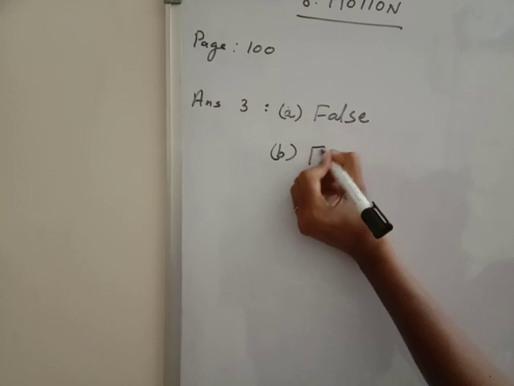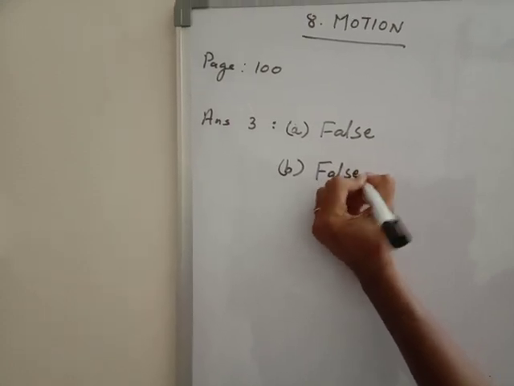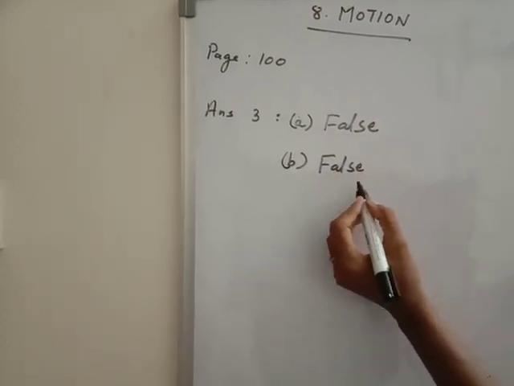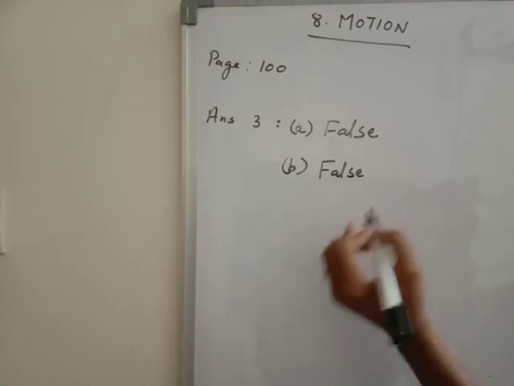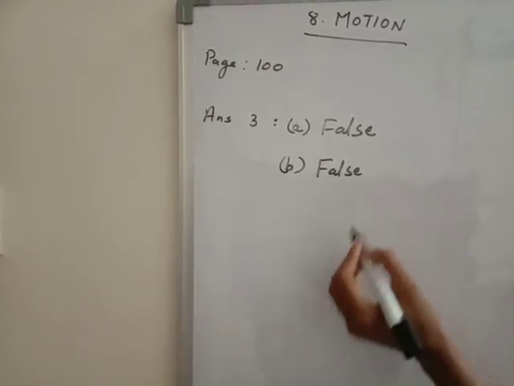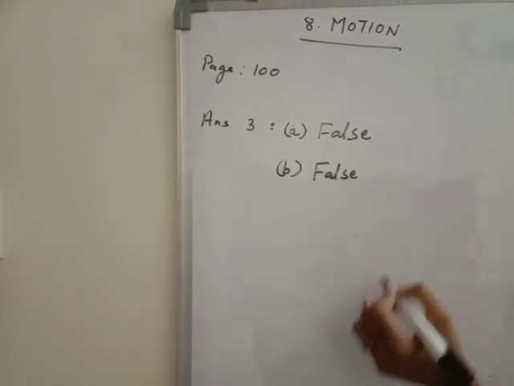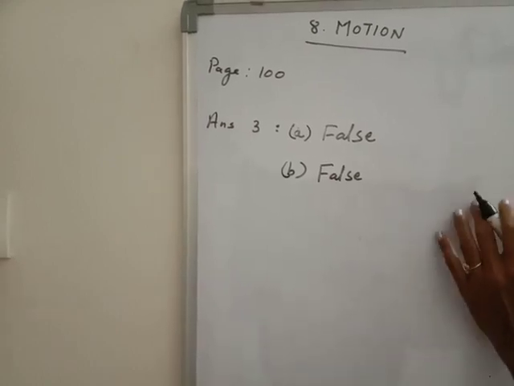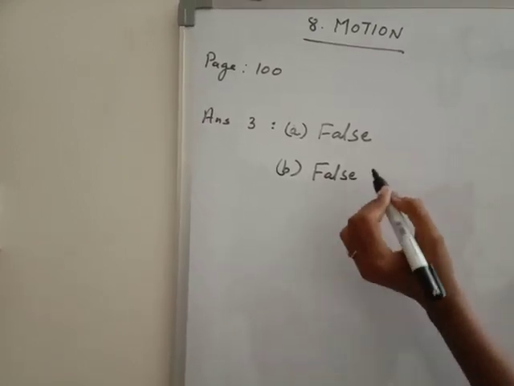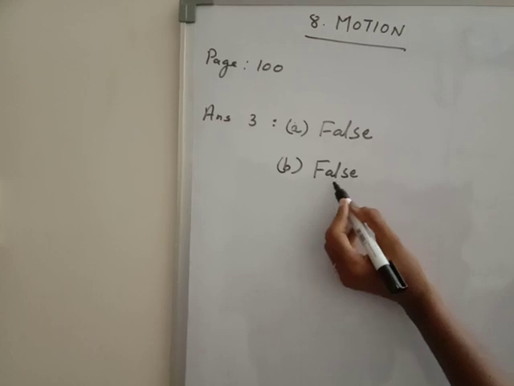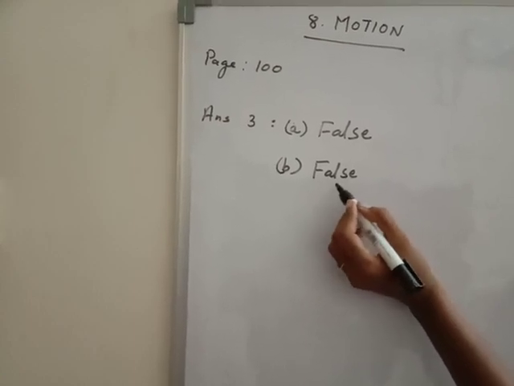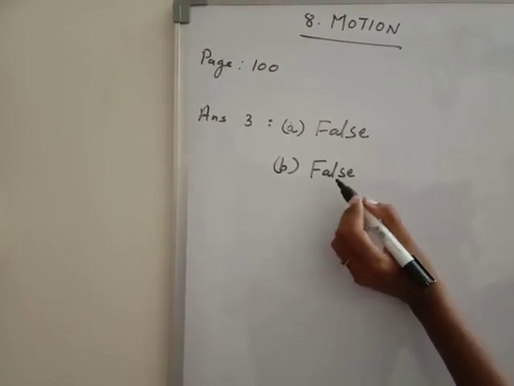So that is also false, because it may be equal, but displacement is less than or equal to distance. Distance will always be greater because there is no fixed direction; it keeps on going. So distance may be greater, but displacement can never be greater than the distance. So this is also false.